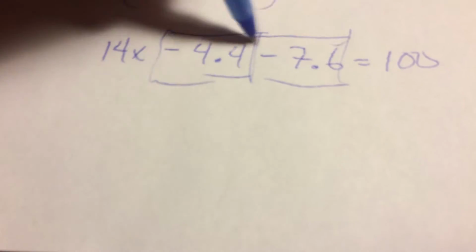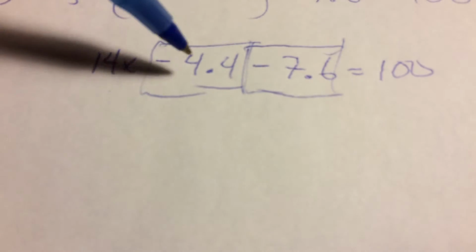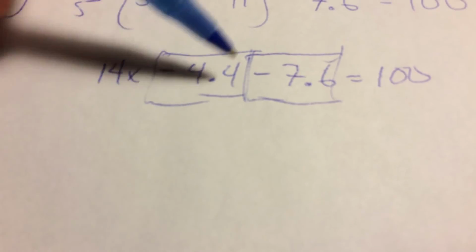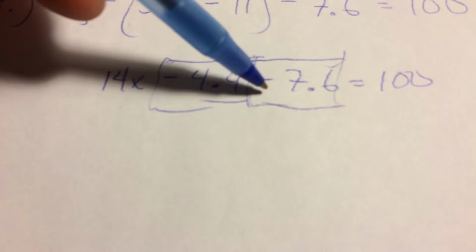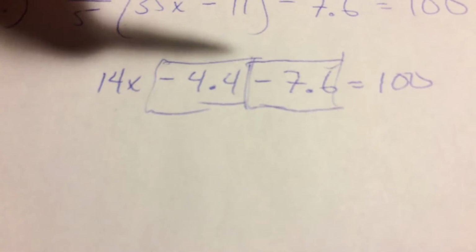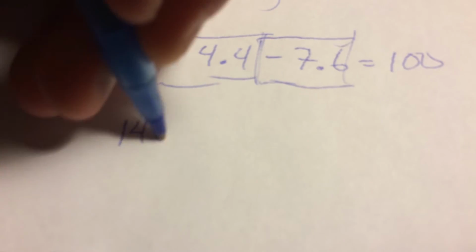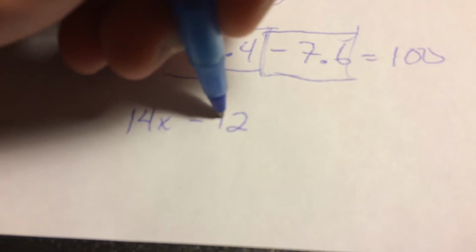So in this case, my like terms are the constants, the ones that don't have an x. And negative 4 and 4/10 take away another 7 and 6/10 actually takes me all the way down to negative 12.